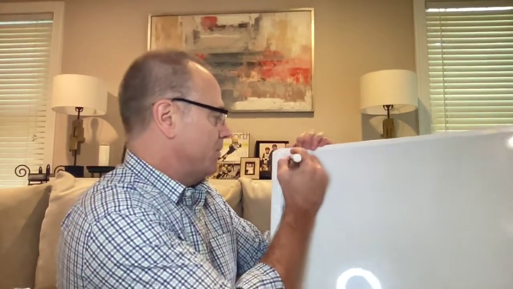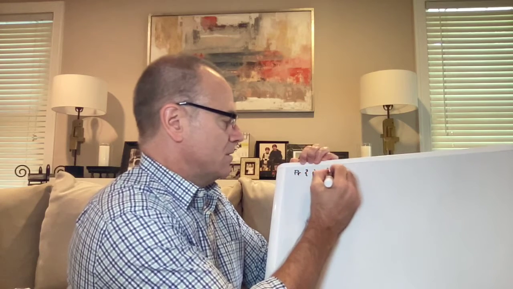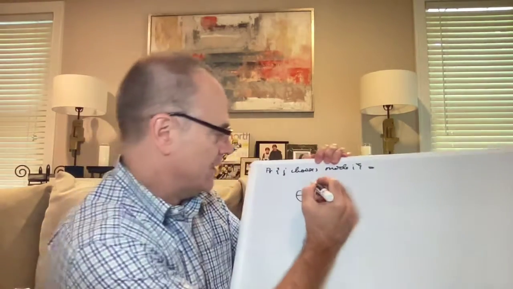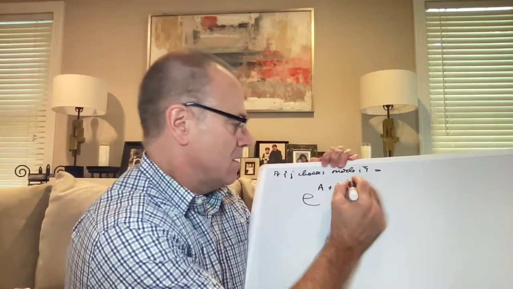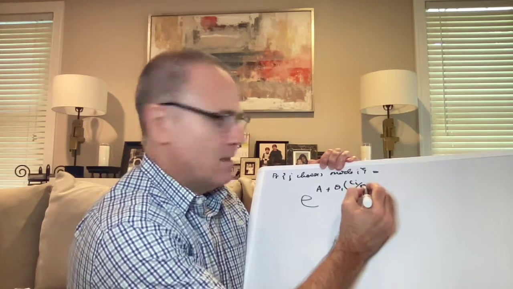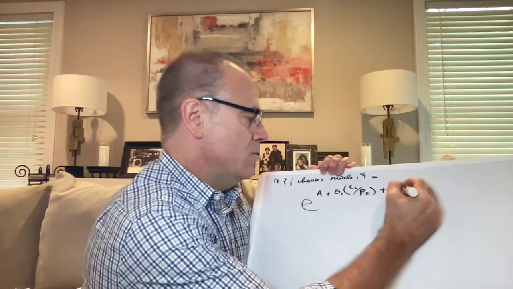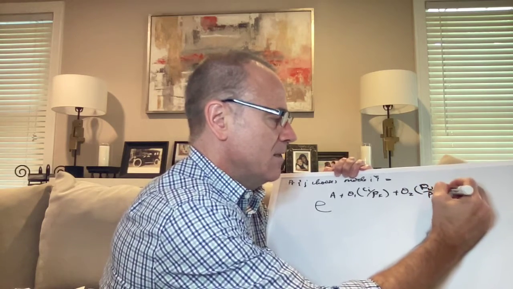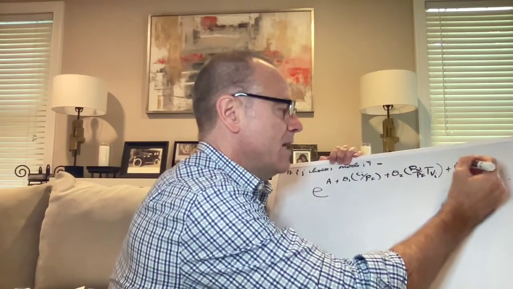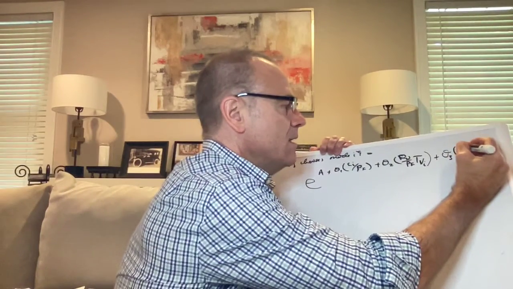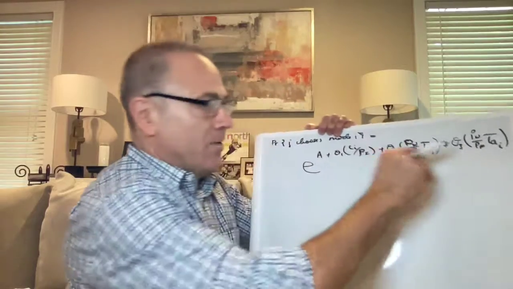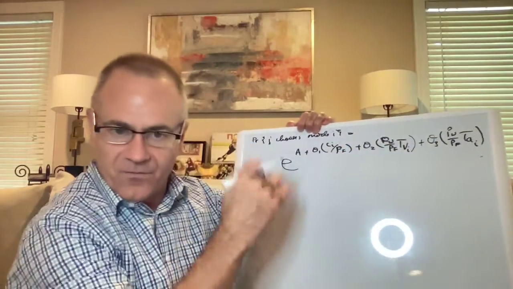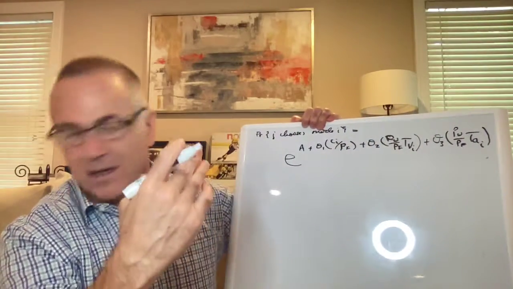Okay. The probability J chooses mode I equals E to the A plus theta 1 C_I divided by P_F plus theta 2 (not C) P_W divided by P_F TV_I plus theta 3 P_W divided by P_F TA_I. Now, the former equation had an extra term, plus theta 4 K_i.